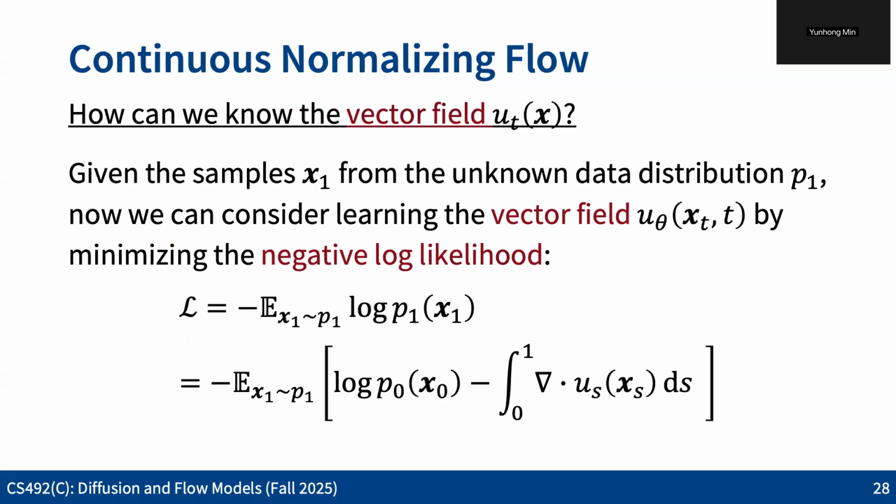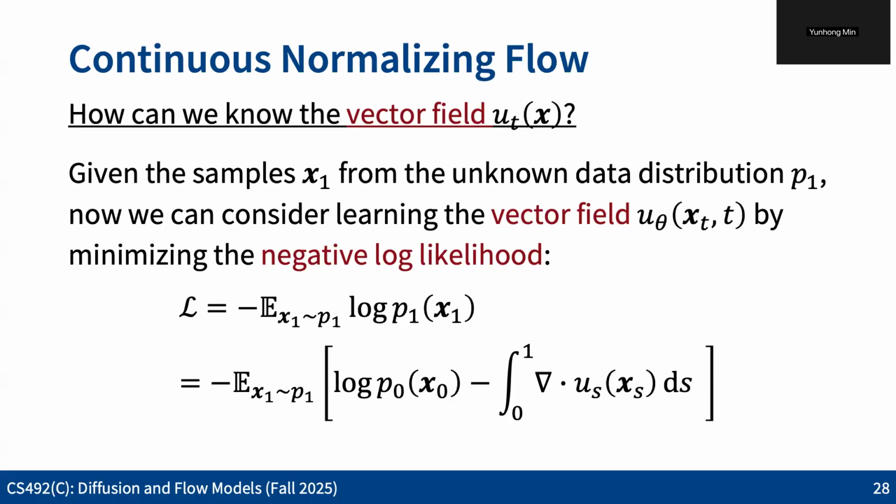One doable way is that we define the loss function as the log probability that we have seen in the previous slide. So when you define the log probability like this, for any point of the X1, the sample, the data point, we actually go all the way back, running the ODE backwards into the X0 here.